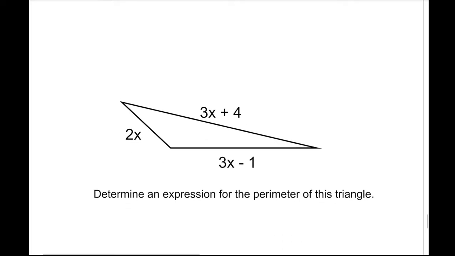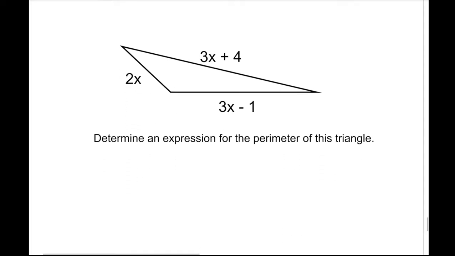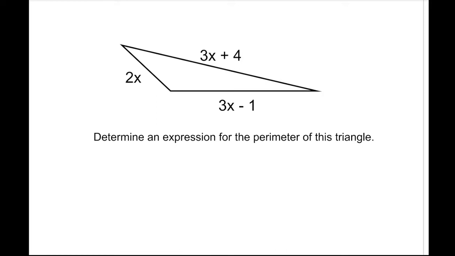One last example. So here's another situation you may come up with. You may be given an object or a shape and asked to write an expression for the perimeter of whatever the shape is. Again, the expression just means something to represent the perimeter. You're not going to be able to find an actual value for the perimeter in this case, because you can see we have x's included.